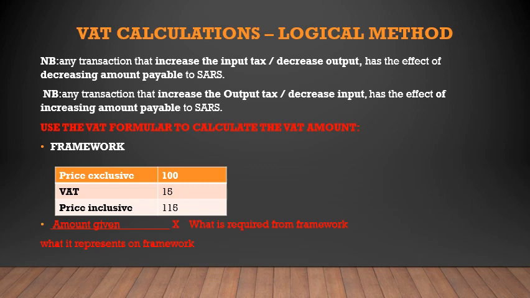So if we are given 12,000 inclusive in a transaction, amount given will be 12,000. What it represents, because it is inclusive, we divide by 115. Multiply by, what are we calculating? We are calculating VAT, so we multiply by 15. That is how we apply. We are all familiar by now with the VAT formula. We have used it in quite a number of situations already.